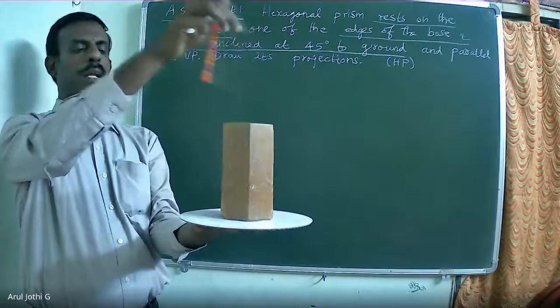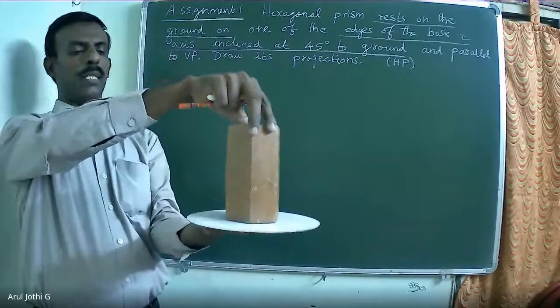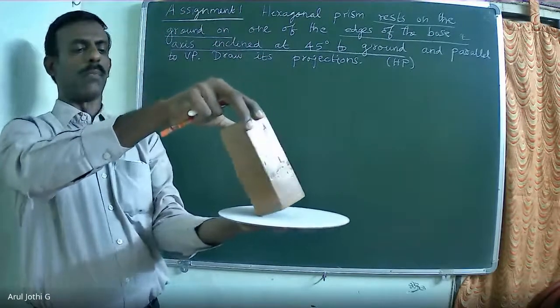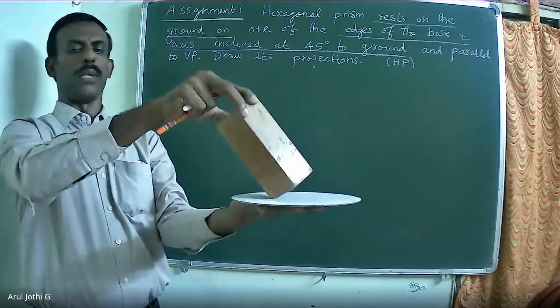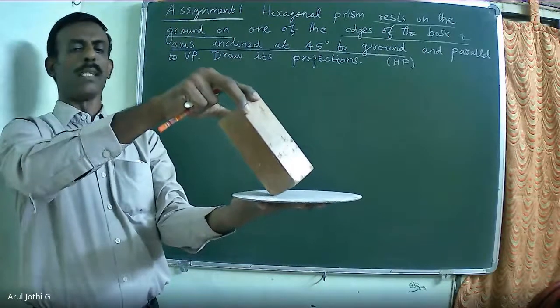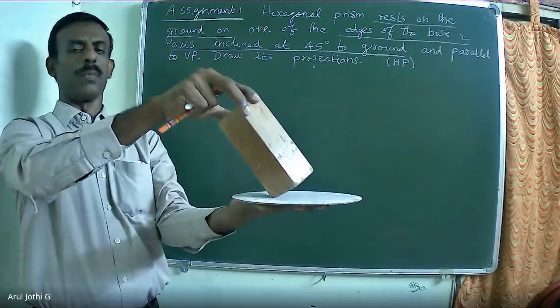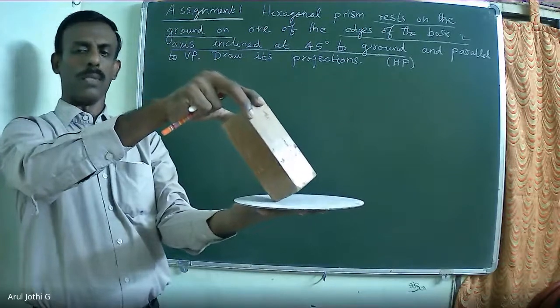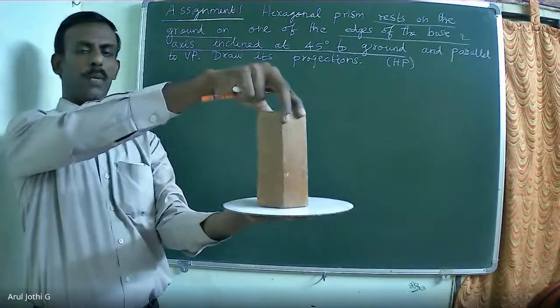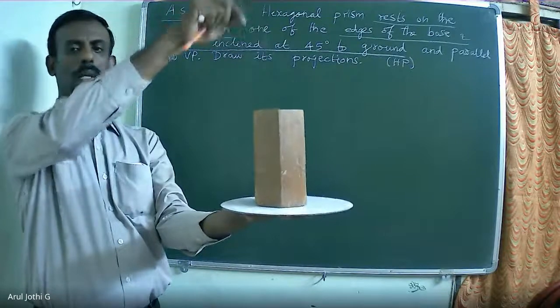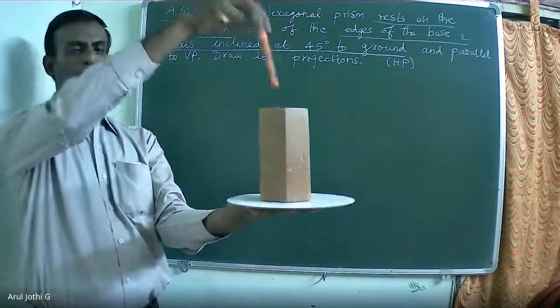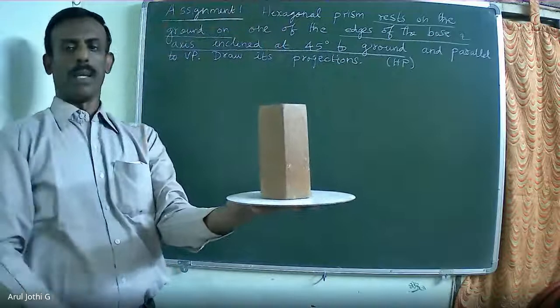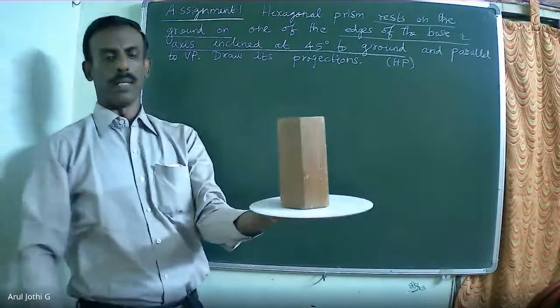Now in the second orientation, the axis of the prism will be inclined to HP. So when the axis is inclined to HP, we have to assume the axis perpendicular to HP and start with the top view. In the top view only, you have to start the hexagonal plane.